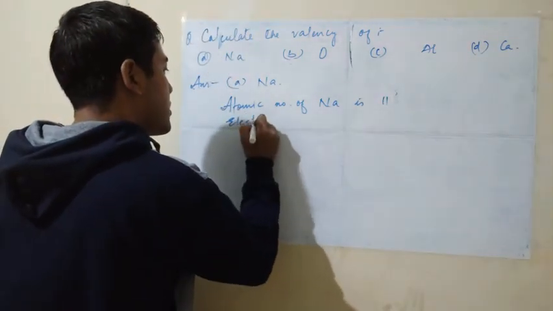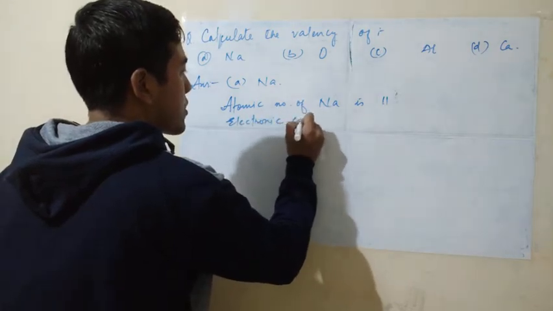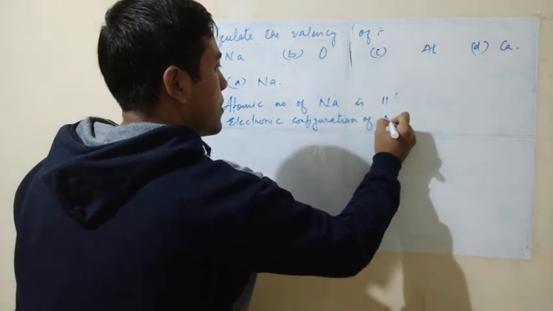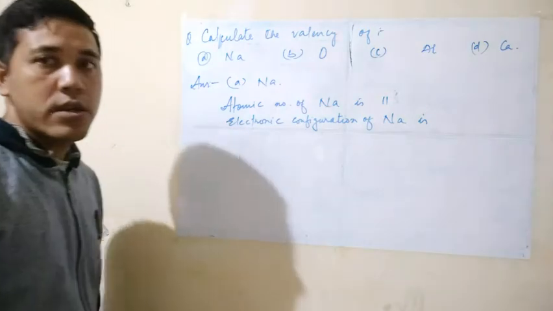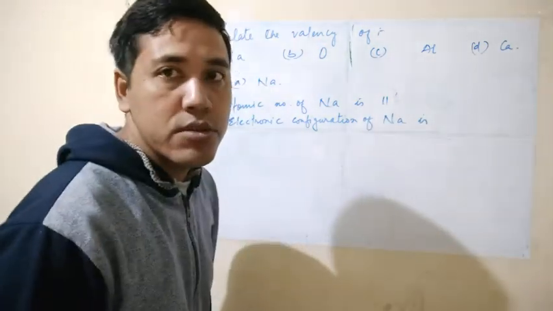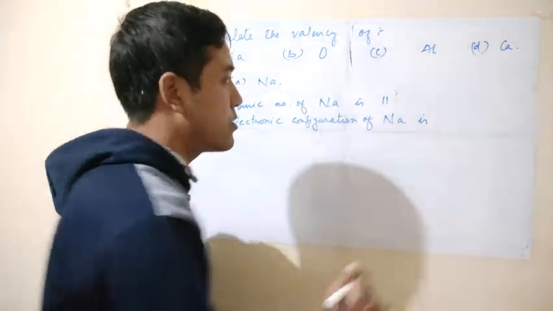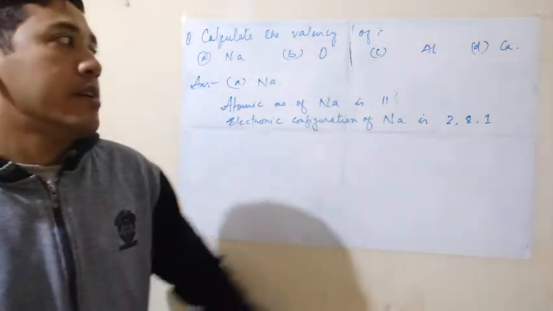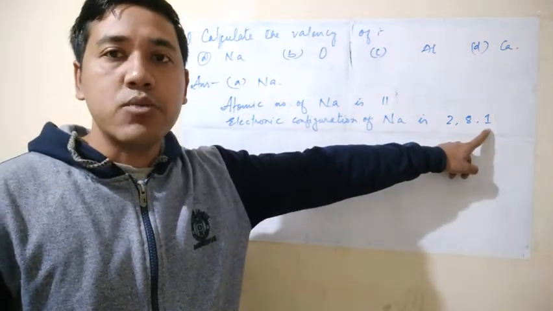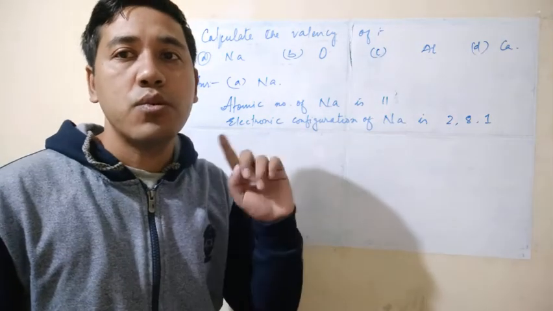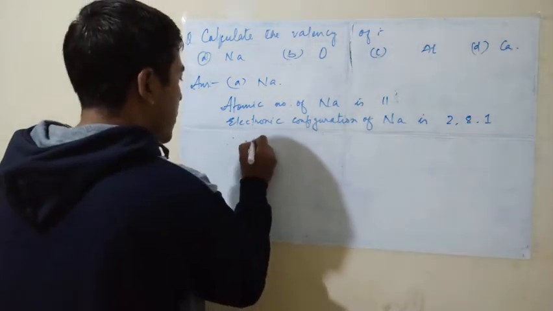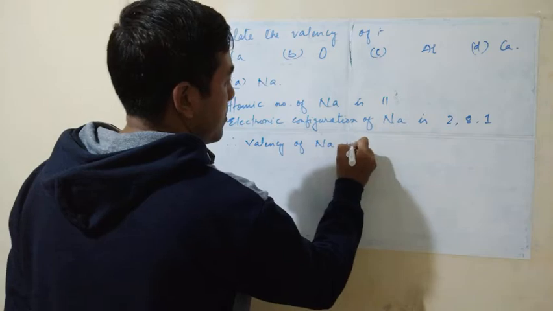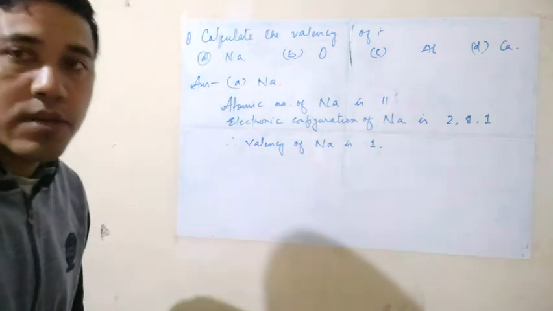Electronic configuration of sodium: distribute this 11 into their respective cells, that means 2, 8 and 1, right? The outermost is only 1, right? That's why the valence of sodium becomes 1. Therefore, valence of sodium is 1. Don't confuse, don't forget.